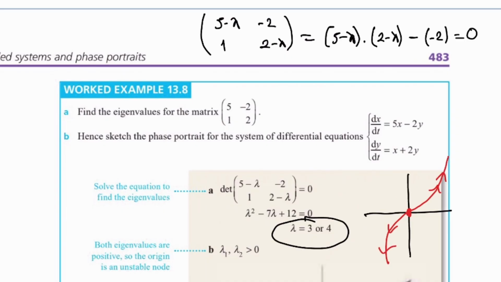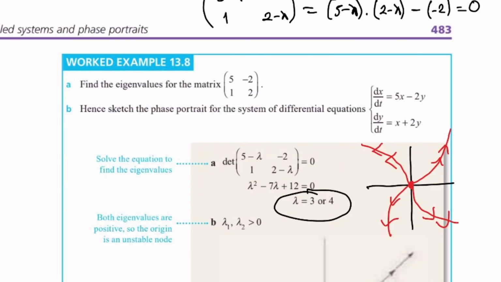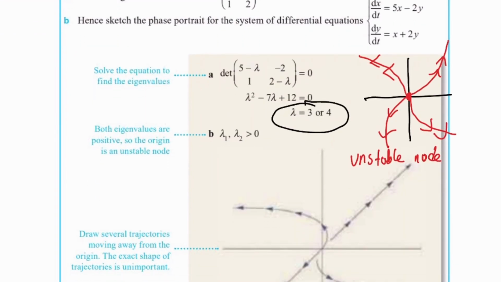Okay, or you can sketch like that, doesn't matter. And this is unstable, right? Unstable node. Okay, this is how you sketch.